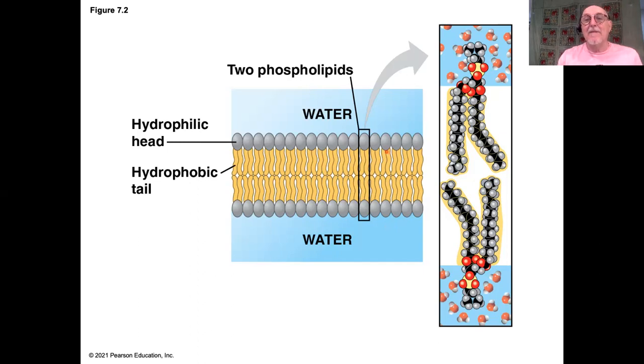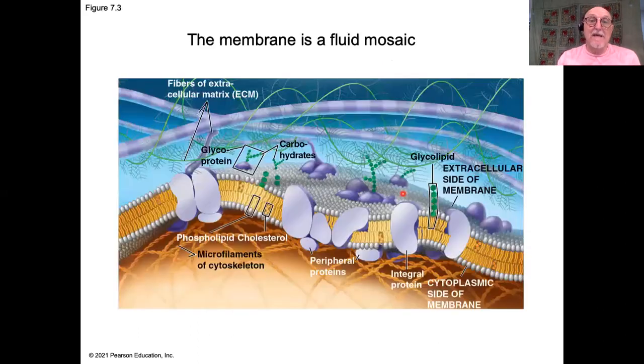But we need to remember that it does not just consist of these lipids. There are many other components to the living membrane. This phospholipid skeleton is actually modified by the addition of many other substances. And those in particular are the proteins which are associated with it.